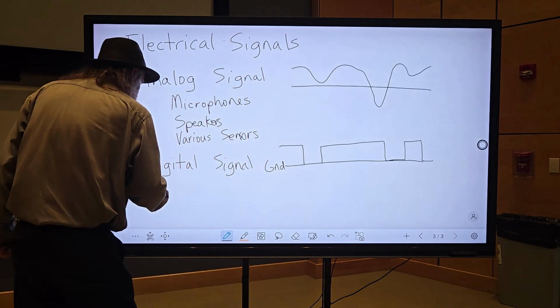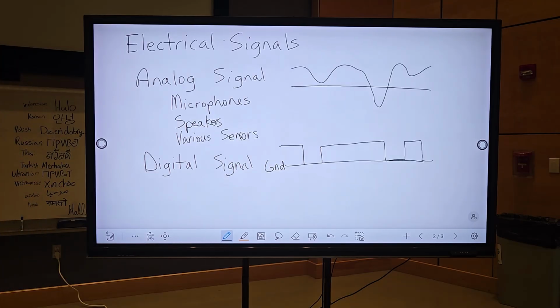A digital signal is either high or low, not on or off. Off is a different state.